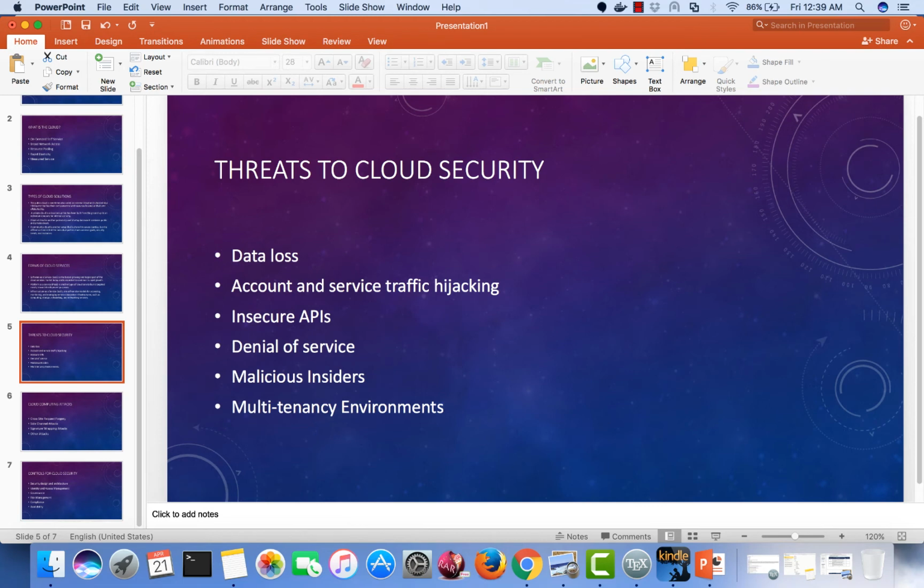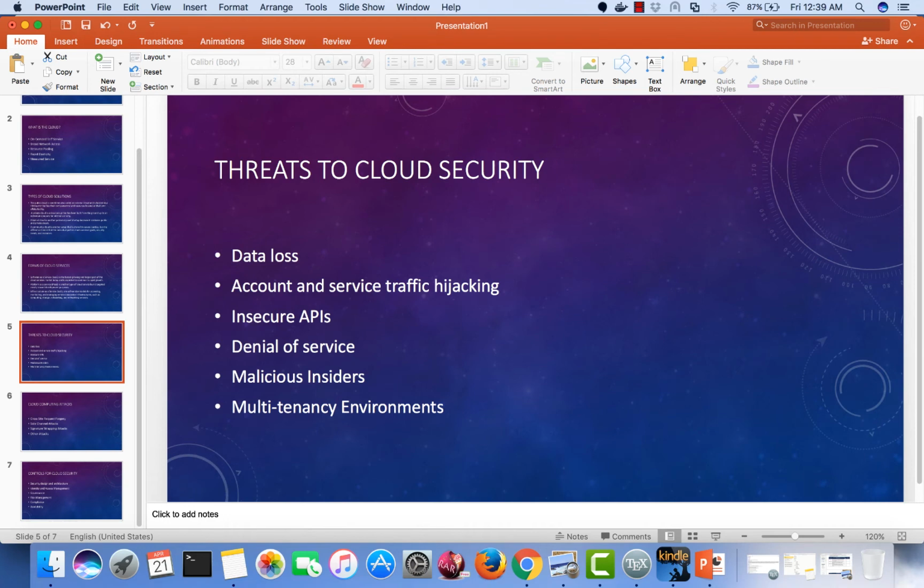For example, the loss of data due to the lack of a backup would be a data loss. Large scale data loss is possible. I'm telling you, I've seen it happen. But a small scale loss is much more likely to occur if somebody accidentally does something. So that's definitely something to keep in mind.